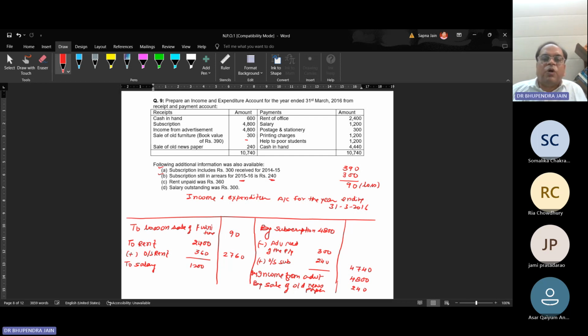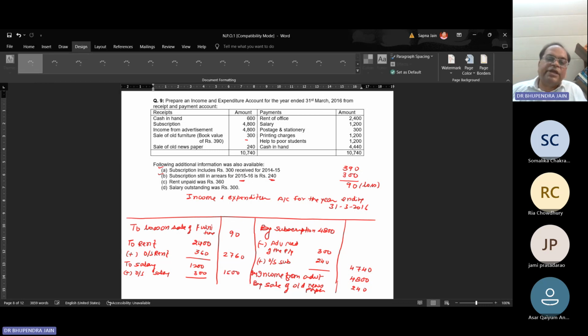Salary 1200 rupees. Salary outstanding was rupees 300. So plus outstanding salary. How much total? 1500. Next, postage and stationery 300.